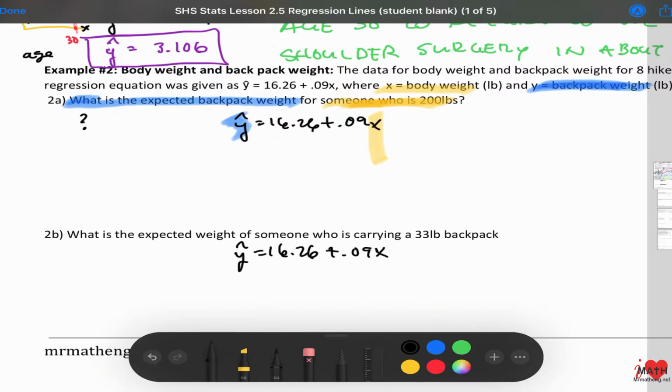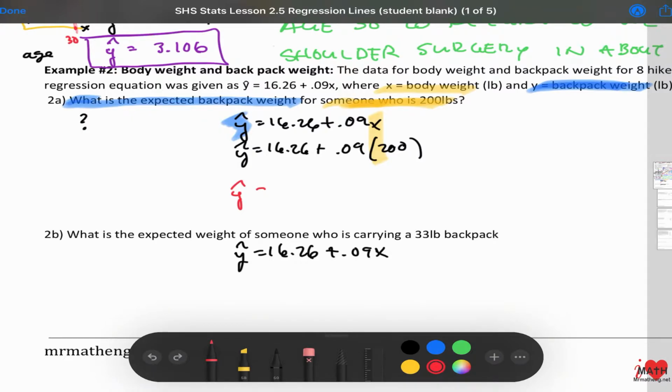All right, let's do our substitution. So I have y hat equals 16.26 plus 0.09 times 200. If you do your math, multiply that 0.09 times 200 plus 16.26.